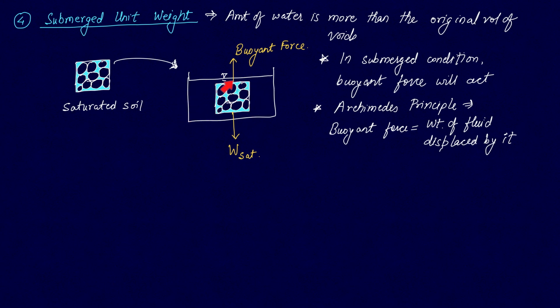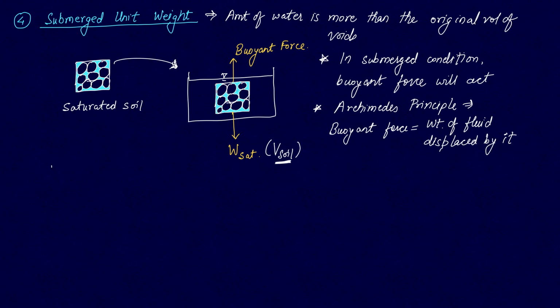If this is the saturated soil mass, then how much water or fluid will be displaced by this saturated soil mass? That will be equal to the volume of soil. Yes or no? This will be the volume of water displaced by this saturated soil mass.